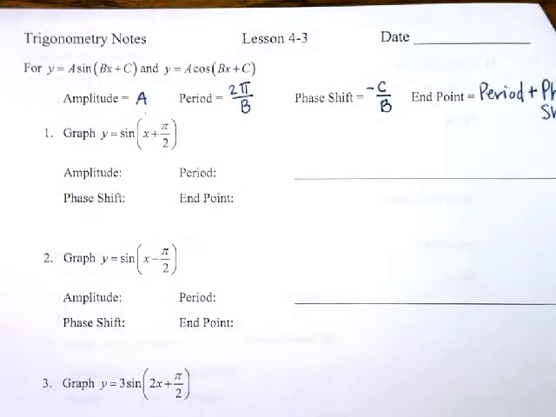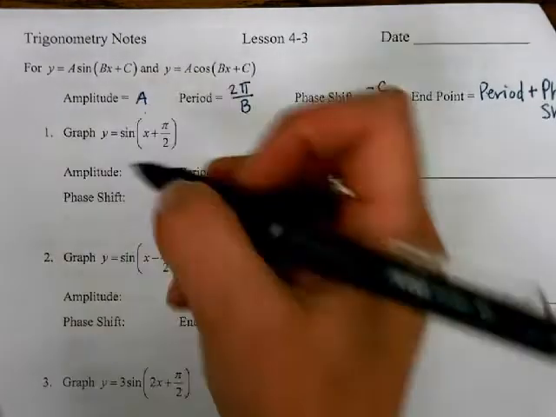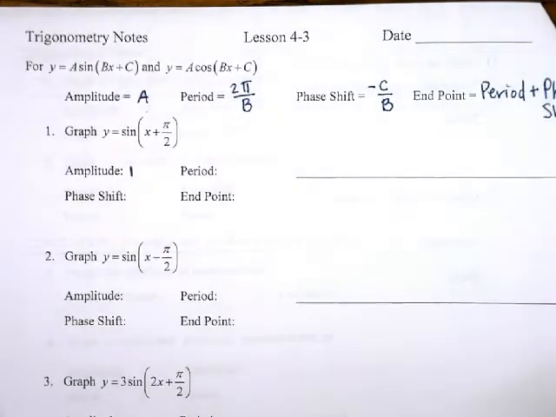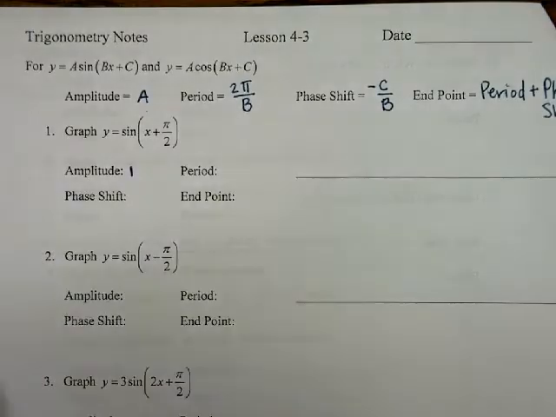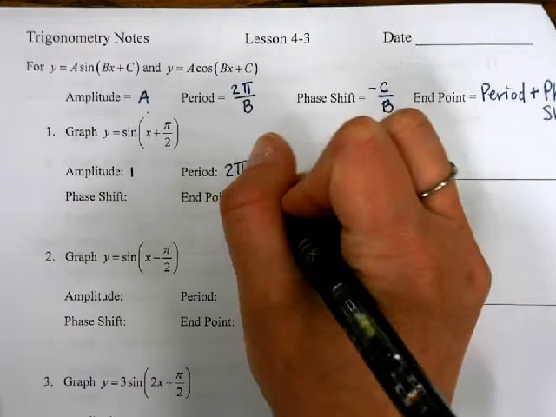Okay, so let's try some. Number 1 says graph y equals sine of x plus pi over 2. My amplitude, remember, if there's no number out front, we assume it to be a 1. My period is 2 pi over b, so 2 pi over 1, just 2 pi.